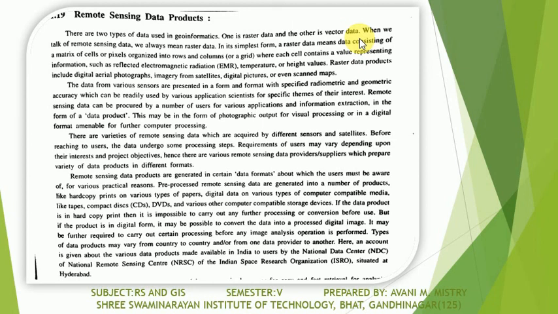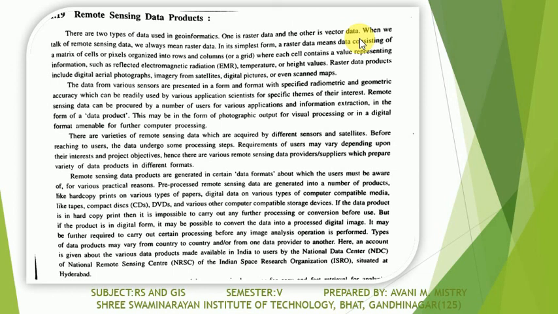If the data product is a hard copy print, then it is impossible to carry out any further digital processing, but if the product is in digital form, it may be possible to convert the data into a processed digital image. It may be further required to carry out certain processing before an image analysis operation is performed.